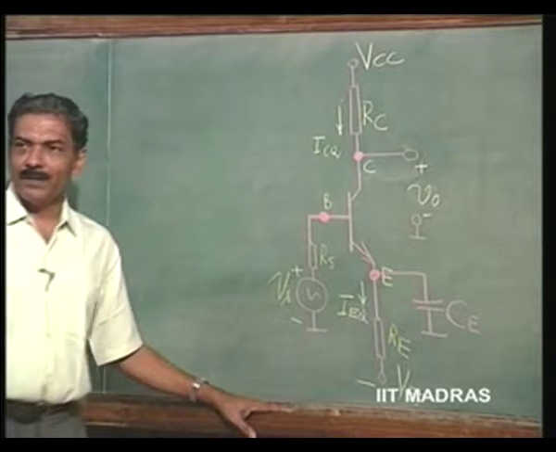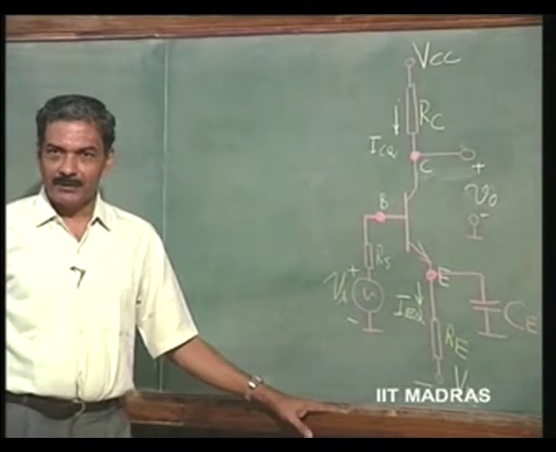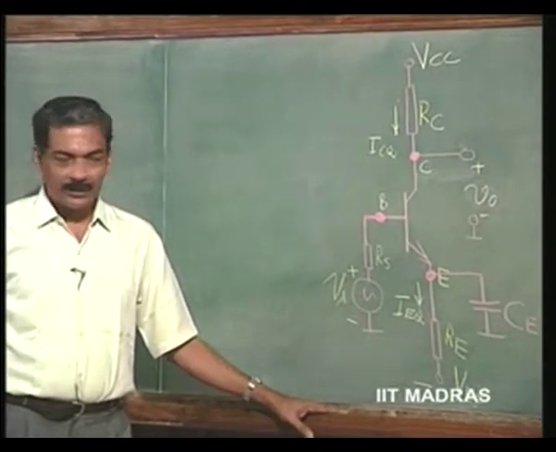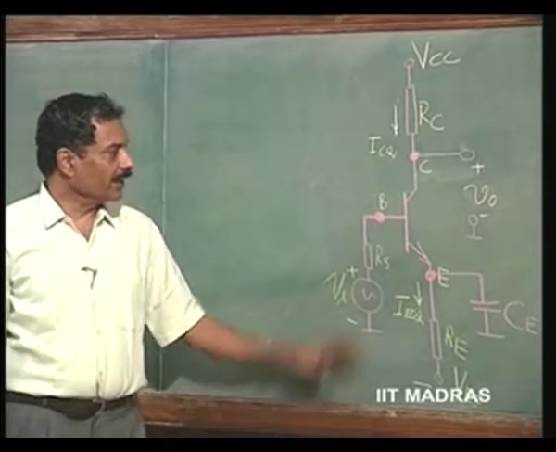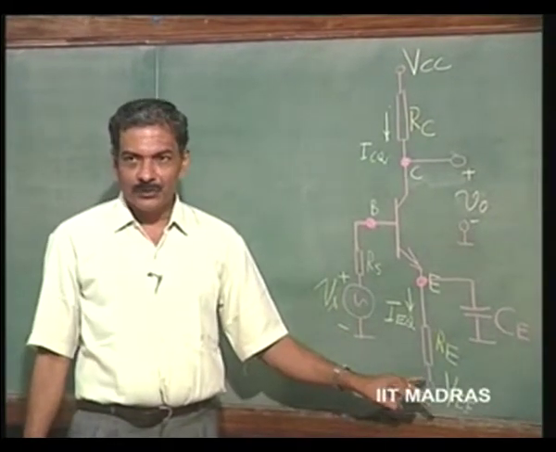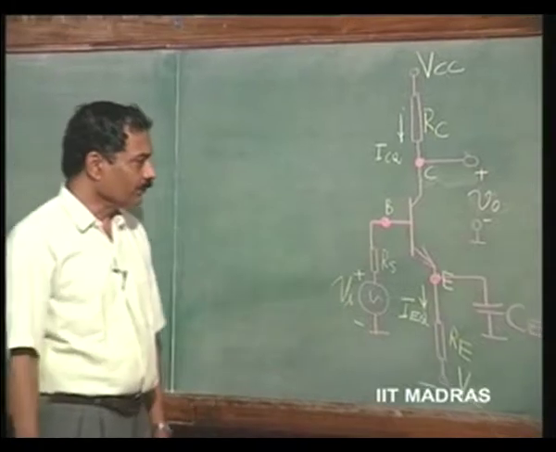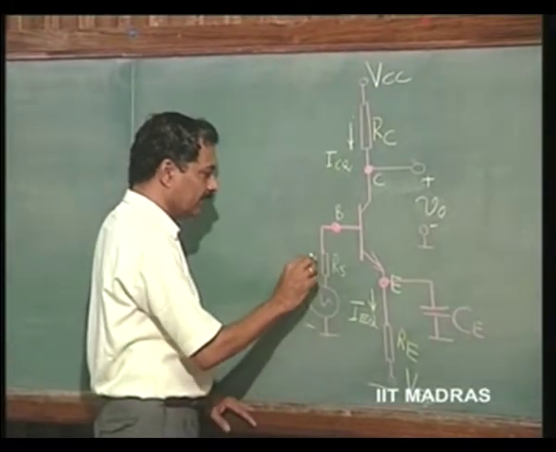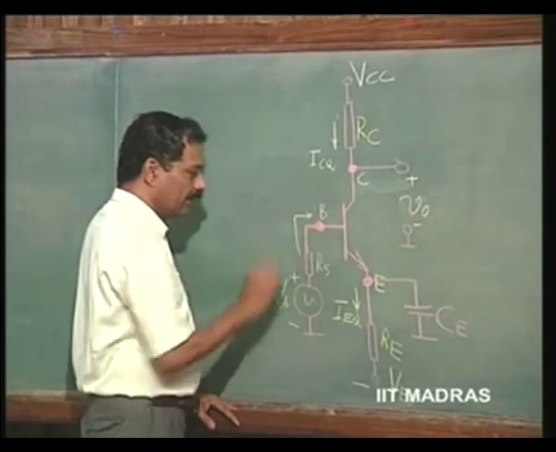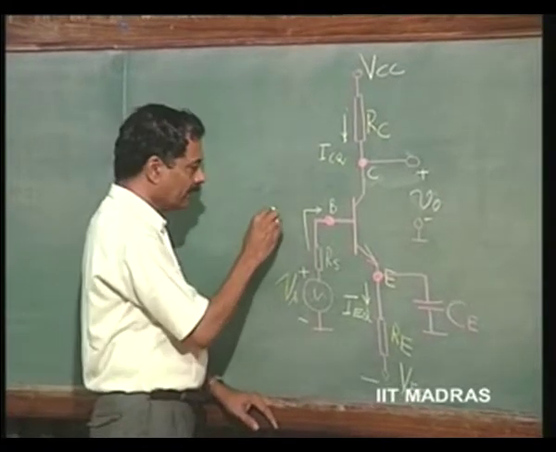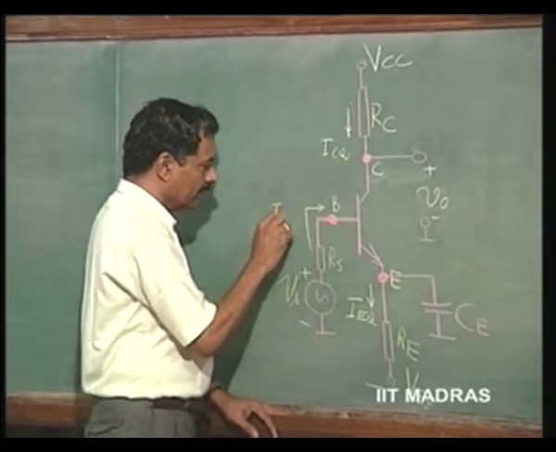Strictly speaking, alpha times IEQ plus IC naught. We have ignored IC naught. So, ICQ is very nearly equal to IEQ, alpha being close to 1. Corresponding to which we have the base current getting fixed as IBQ.